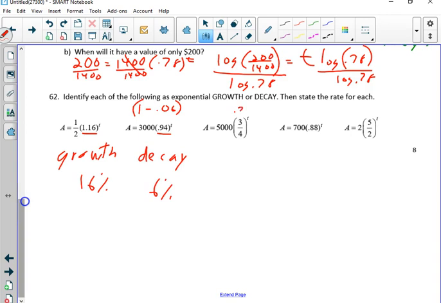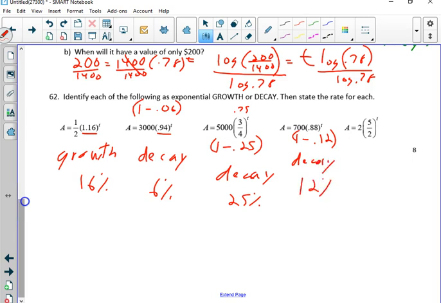3/4 is really 0.75, which would be 1 minus 0.25, decay at a 25% rate. 0.88, again, that's 1 minus 12 cents. So that is decay at a rate of 12%.